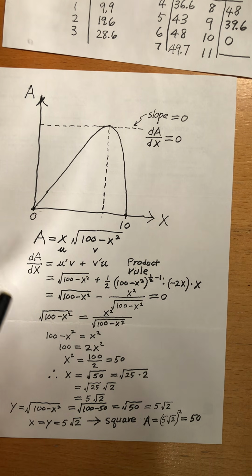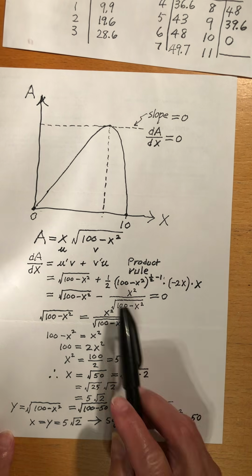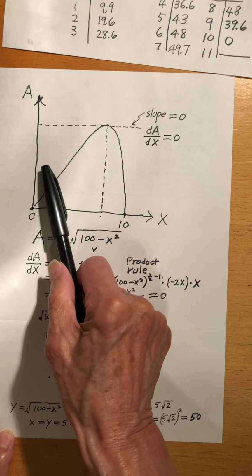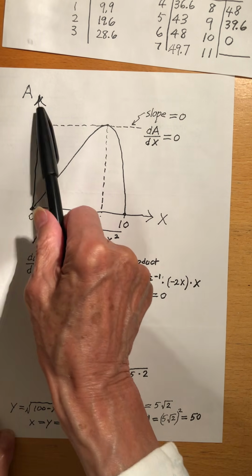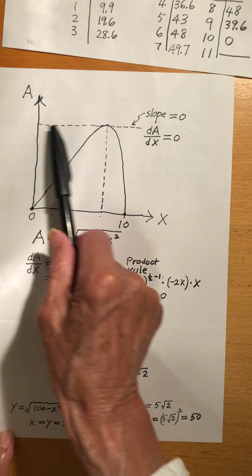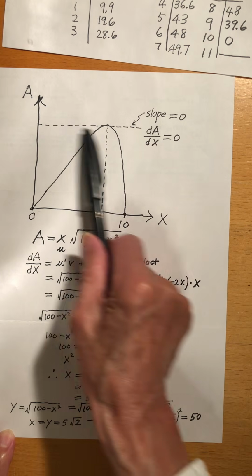To find the maximum value of the area, I need the derivative of the area with respect to x, dA by dx, and I let it be 0. This condition, the derivative is 0, is because at the maximum value of A, the tangent to the graph is horizontal.